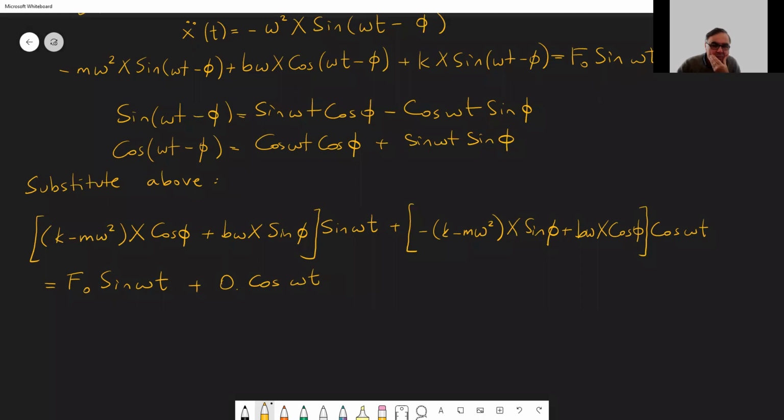Now, sine omega t and cosine omega t cannot be zeros, so the sine omega t term, which is this one, corresponds to this, and the parentheses is the sine omega t. For cosine omega t, this is the cosine term, and they should be equal to each other.